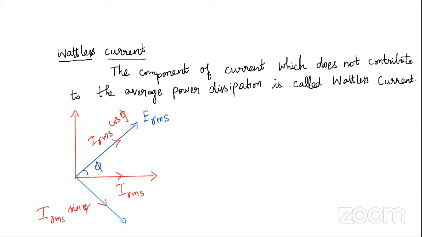So now, what is the wattless current? The wattless current is this component, IRMS sin phi. It is the component of current perpendicular to this EMF, that is ERMS.